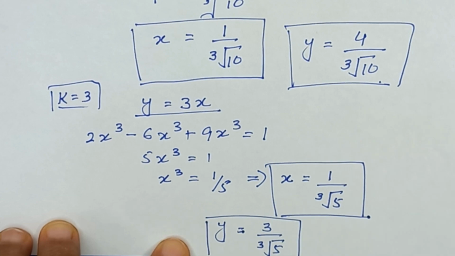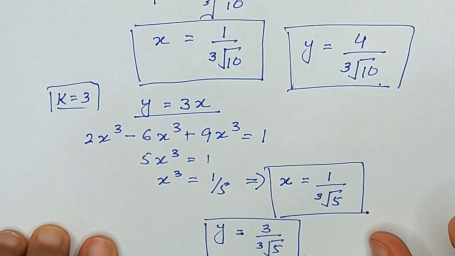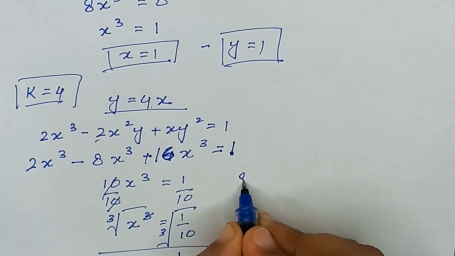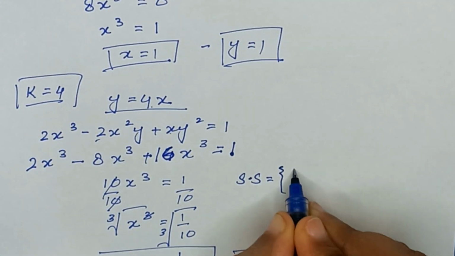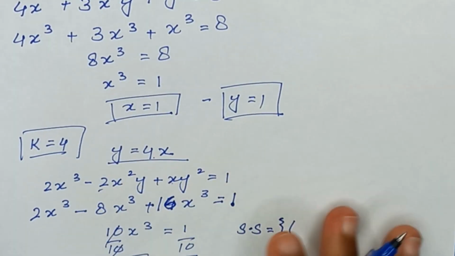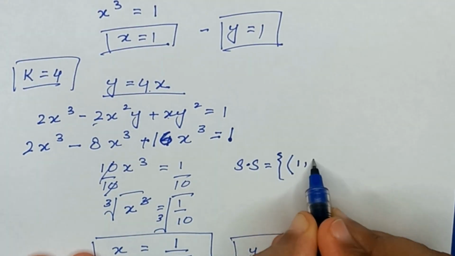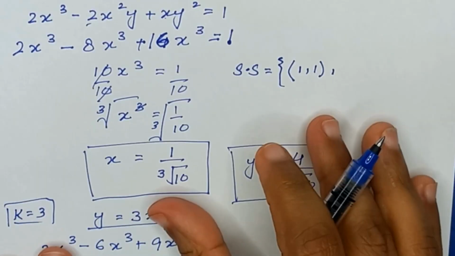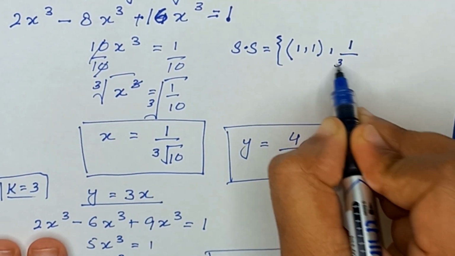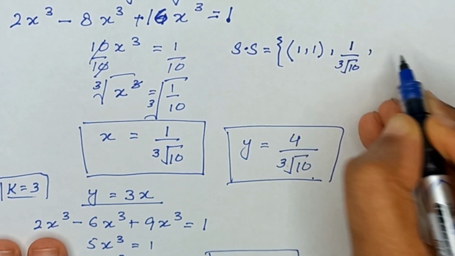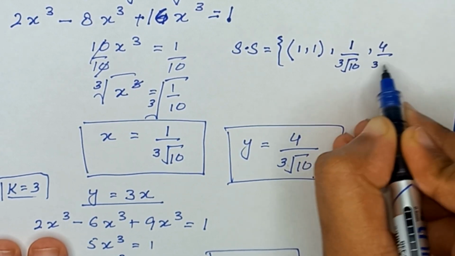So these are 3 ordered pairs for this problem, or we can write it as solution set is equal to (1, 1), the first ordered pair, and the second is (1 divided by cube root of 10, 4 divided by cube root of 10).